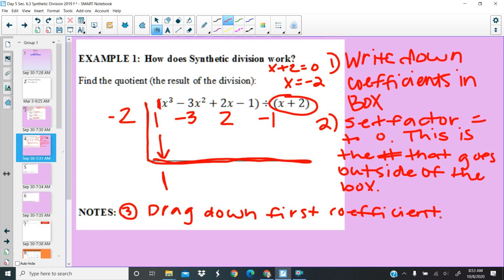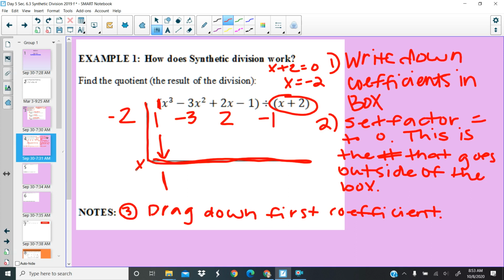Then that number on the outside of the box, the negative 2, is kind of like our multiplier. Each number that we get at the bottom of the box, we're going to multiply by the number on the outside. We got a 1 at the bottom of the box, and we multiply that 1 by negative 2. So we have 1 times negative 2, which equals negative 2.